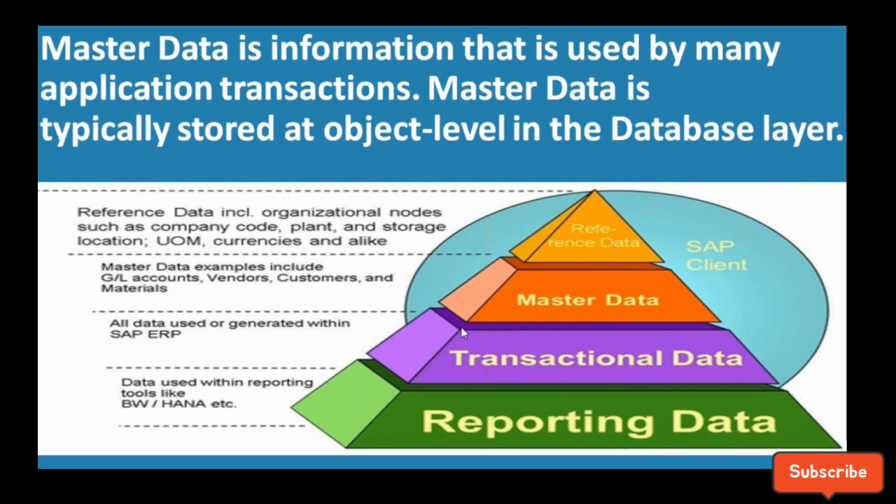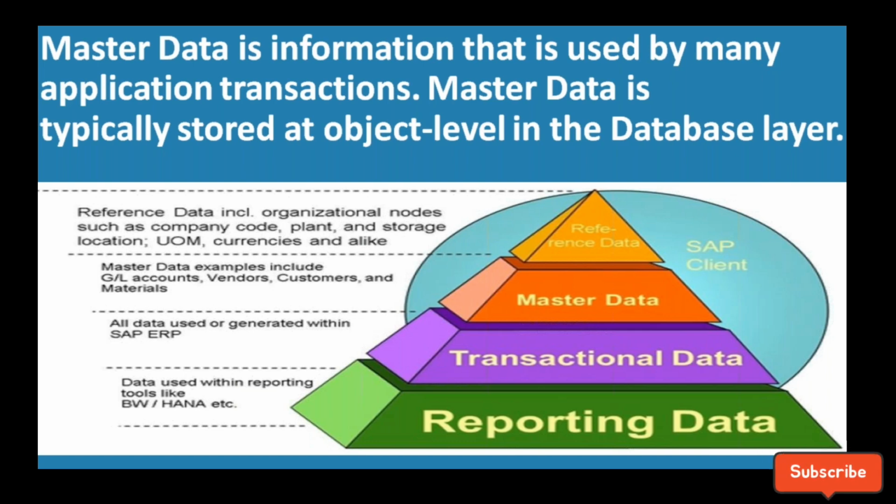So basically reference data means, for an example, when I'm creating one material, what are the details I need? I need details like material type, unit of measure, the material group, then classification, characteristics, then warehouse detail, plant details of the product, etc. Okay, so that information we call reference data.